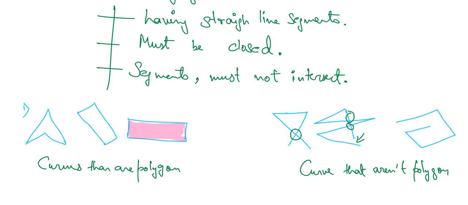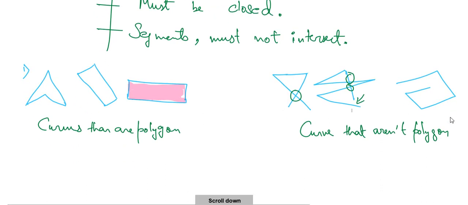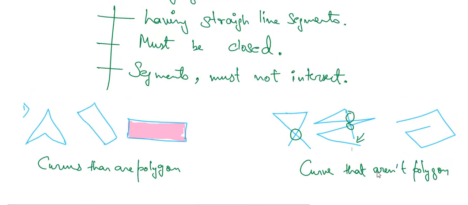Can you guess why this shape is treated as not a polygon? Yes, since this figure is not closed. What if I had a figure like this? Would it still not be a polygon, or can it be a polygon?